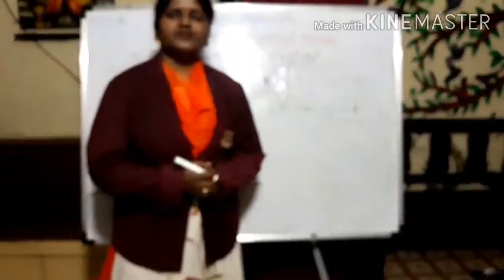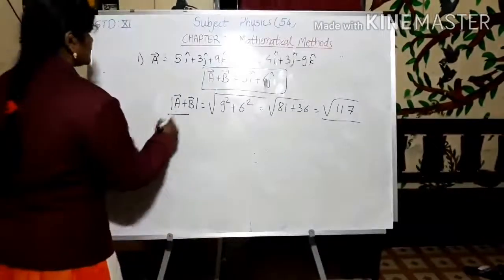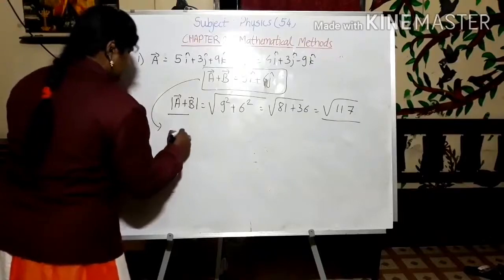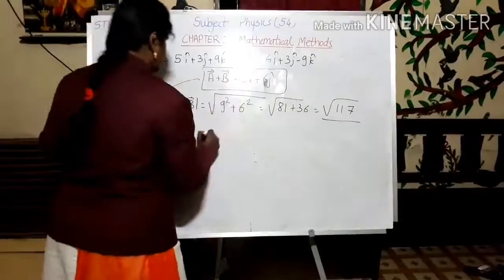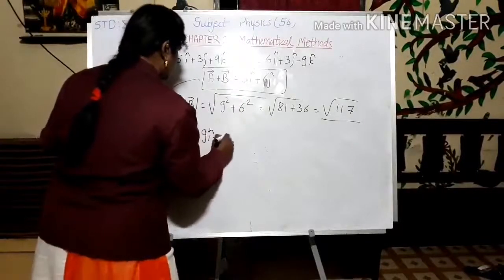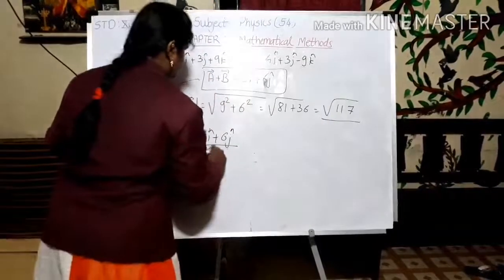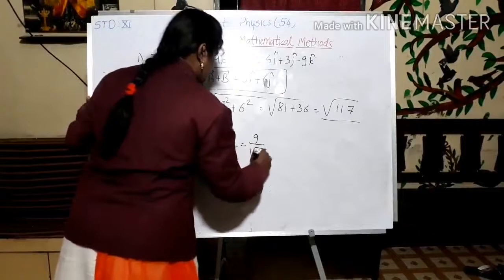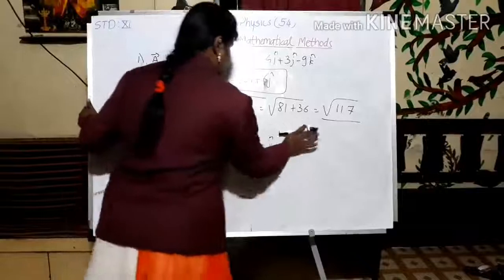If I want to find the unit vector in this direction, how will I find it? If I consider the unit vector as alpha cap, it will be 9i plus 6j divided by the magnitude.